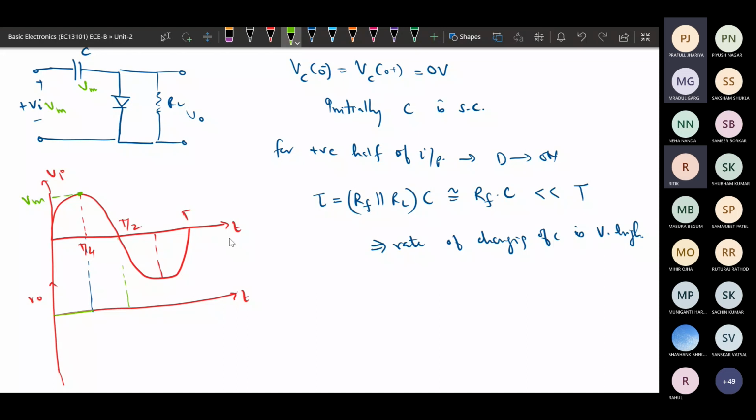As we reduce the input voltage beyond Vm, it is still positive, but since we are reducing it, the diode will be in reverse bias beyond this region. From here to here it was in forward bias, because at this point the capacitor voltage is Vm and the input voltage is Vm.